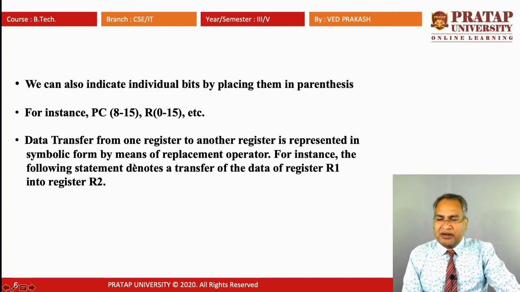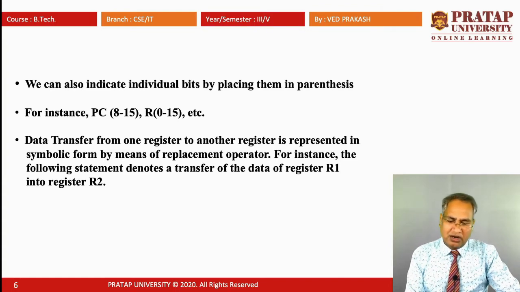Next, the data transfer from one register to another is represented in symbolic form by means of a replacement operator. For instance, the following statement denotes a transfer of the data of register R1 into register R2.